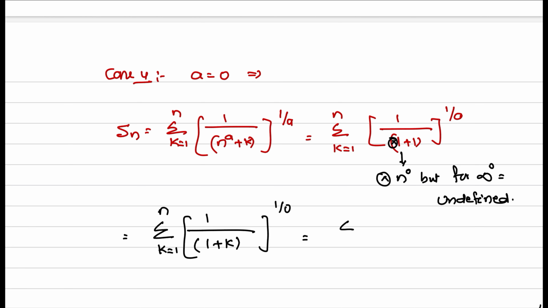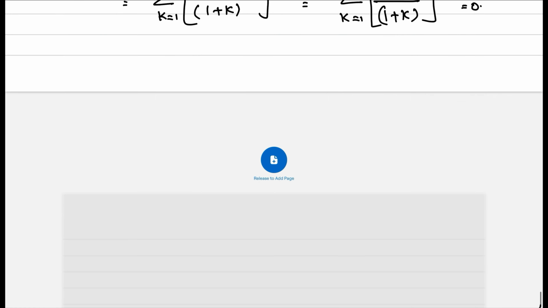That is equal to sigma k is equal to 1 to n 1 by 1 plus k to the power of infinity. K is always from 1 to infinity. That means 1 by something greater than 1 to the power of infinity will be 0. Hence, that implies Sn is equal to 0.